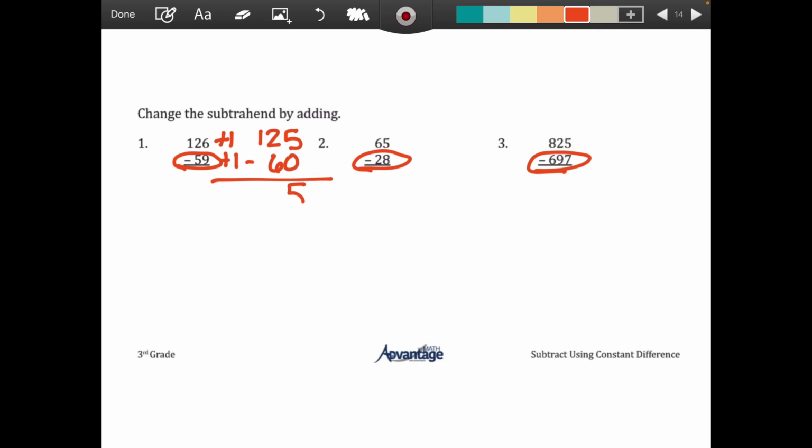We have 5, and then we could do 6. 12 subtract 6, which is 6. Over here, I'm going to add 2, which is going to give me 67 subtract 30. So my answer is 37. Oh, I keep forgetting stars. If you do that, make sure and put them on.